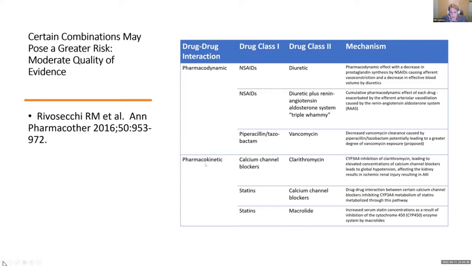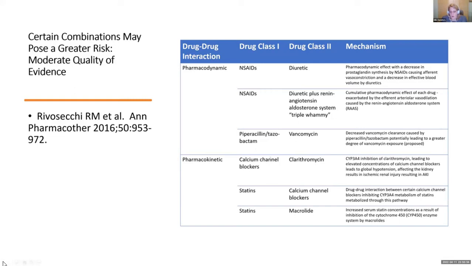And we think about pharmacokinetic drug interactions. We have drugs such as clarithromycin, which inhibit CYP3A4. We have some calcium channel blockers that are substrates for CYP3A4. So when the clarithromycin inhibits the metabolism, the calcium channel blockers' concentration can increase and cause a global hypotension, increasing the risk for acute kidney injury.